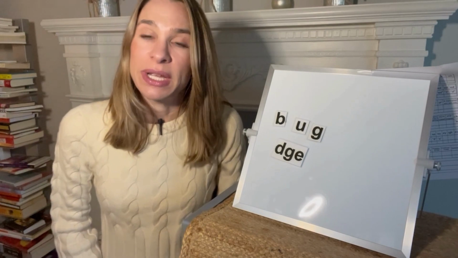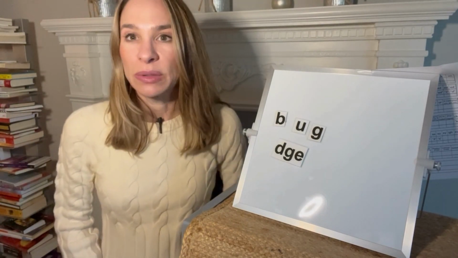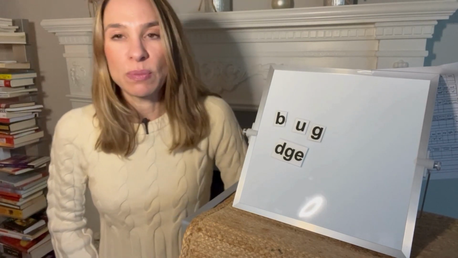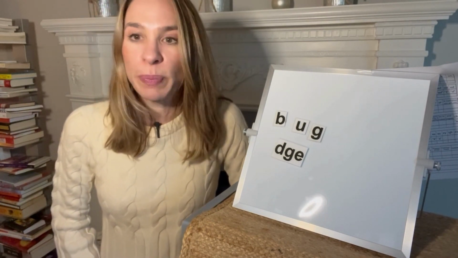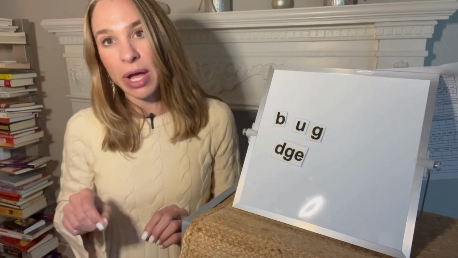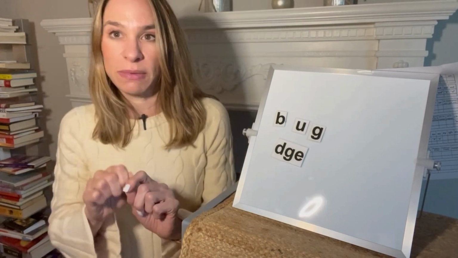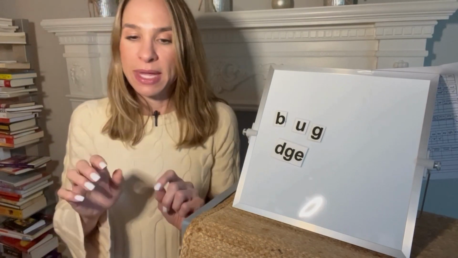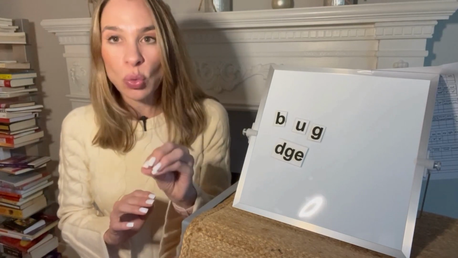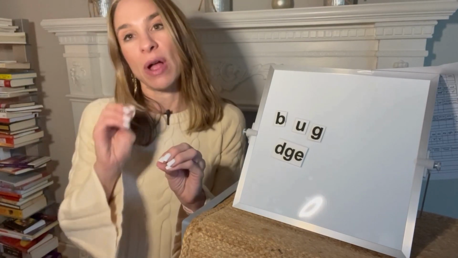Another activity is color coding. We put some DGE words on a piece of paper, and then we have the student use markers or colored pencils to circle or shade in the vowel, and then another color to code the DGE ending. And then we discuss the rule as we do this. So if the word is badge, we emphasize the short vowel, and then we follow it with the DGE.